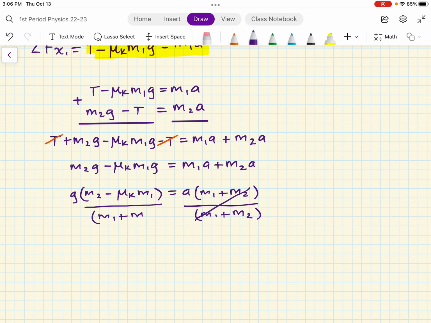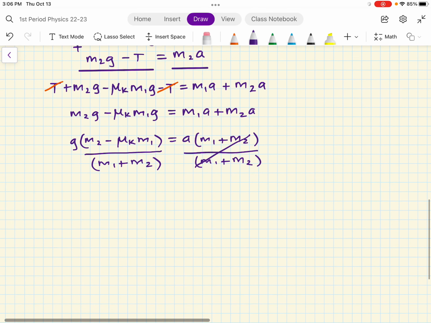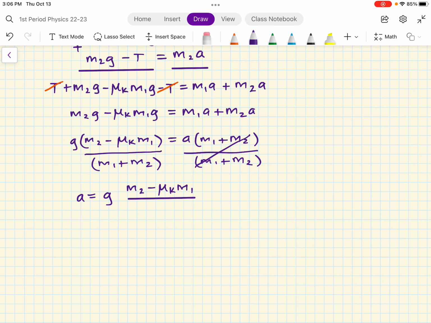So now my equation for acceleration looks like this: g times (m2 minus mu k m1) divided by the sum of the masses, m1 plus m2. I add parentheses, and that's how I'm going to be able to find the acceleration of the system.